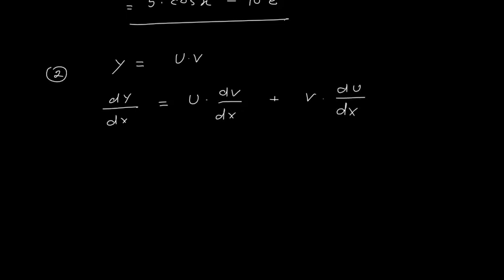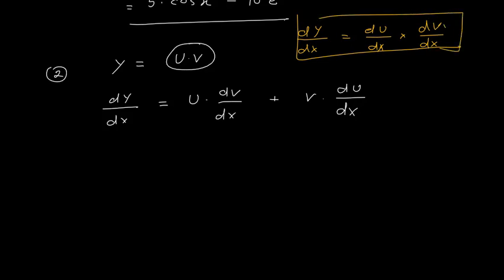Many times you can make a mistake: if you are given uv, you will say that the derivative of uv is equal to the derivative of u into the derivative of v. But this is wrong.